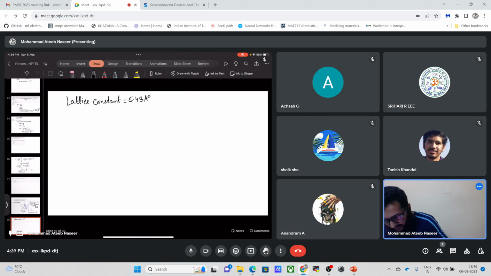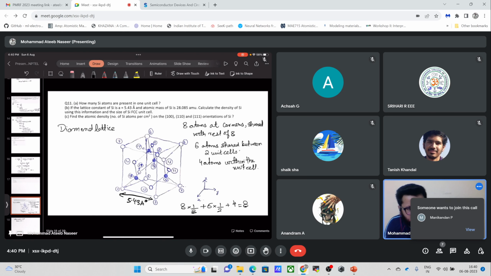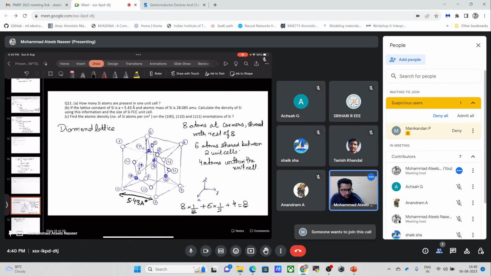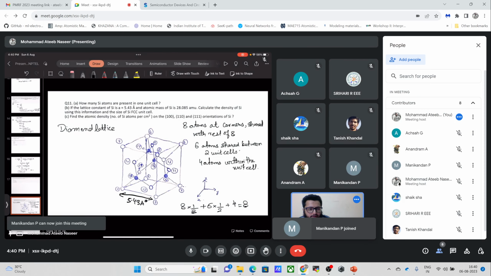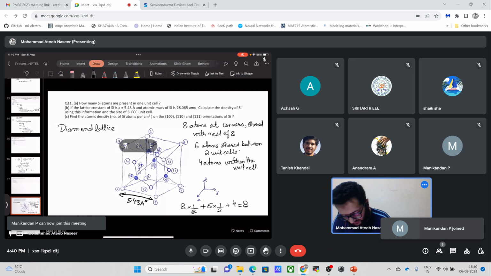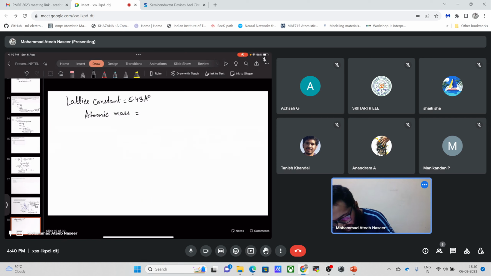Okay, and this atomic mass is equal to 28.085 in atomic mass units.